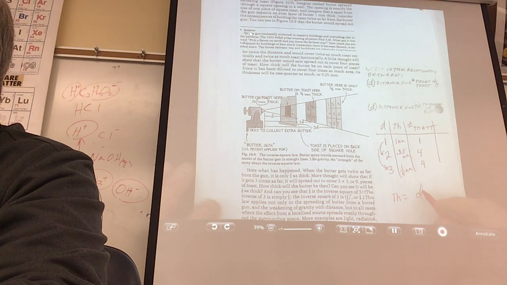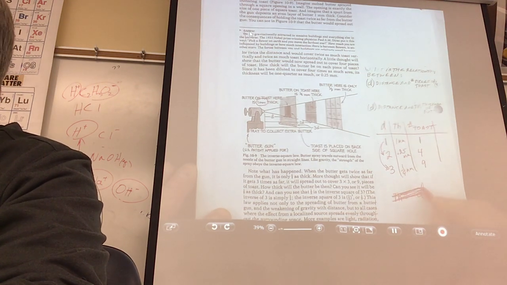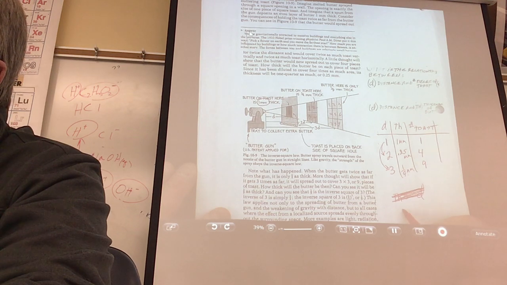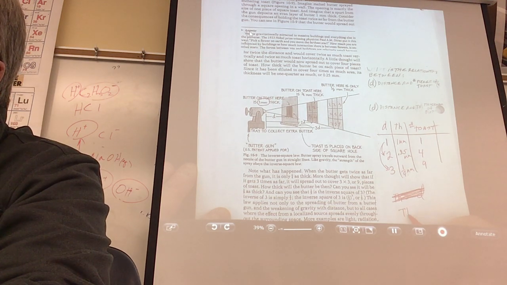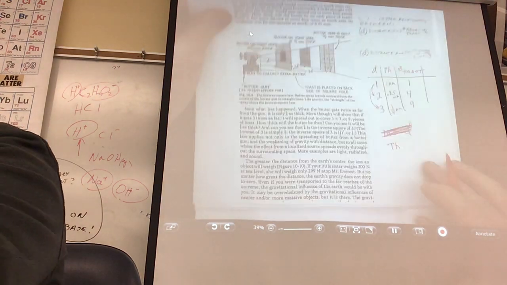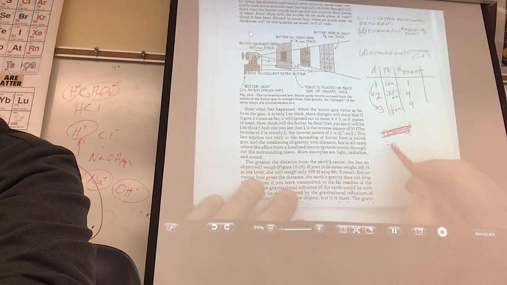Wait a minute. All right. As this gets bigger, this gets smaller. So thickness and distance as well. On the same side or opposite side of the equation? What do you think? Same? On the same, right?